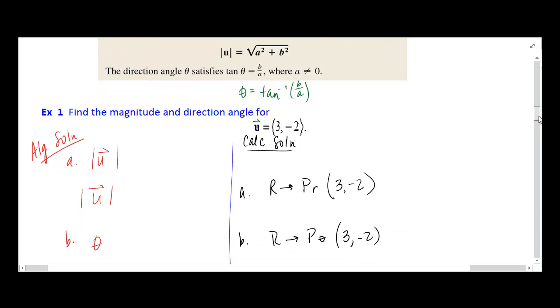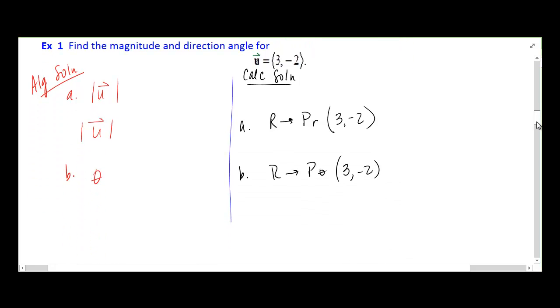So there's two ways for us to do it. The first part we're going to work over here on the left-hand side is figuring out the answer algebraically. So if I am given that the vector u is equal to 3, comma, negative 2, well, what is the magnitude of u?